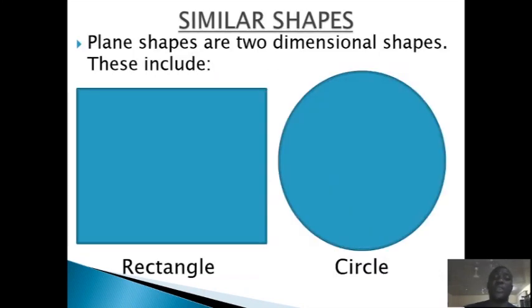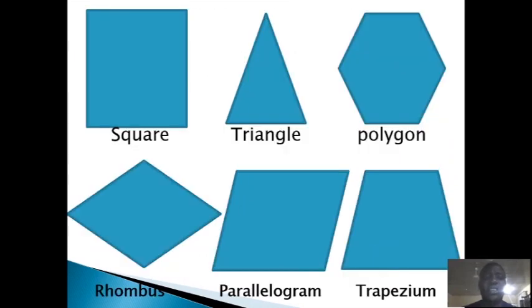So now we are talking about shapes. Plane shapes are two-dimensional shapes. What are the plane shapes? The first is a rectangle. The second is a square.